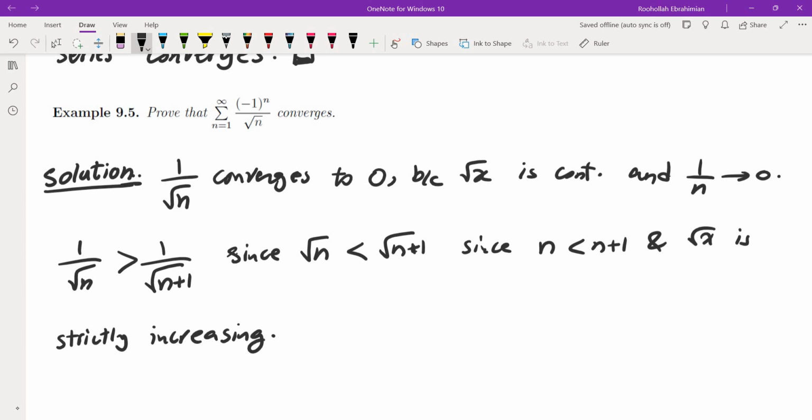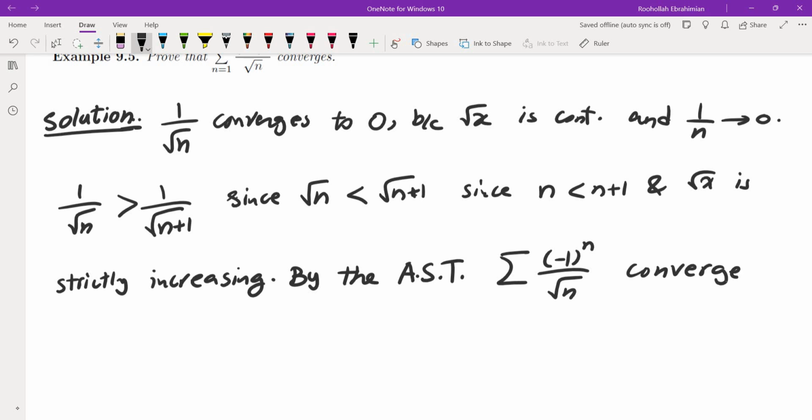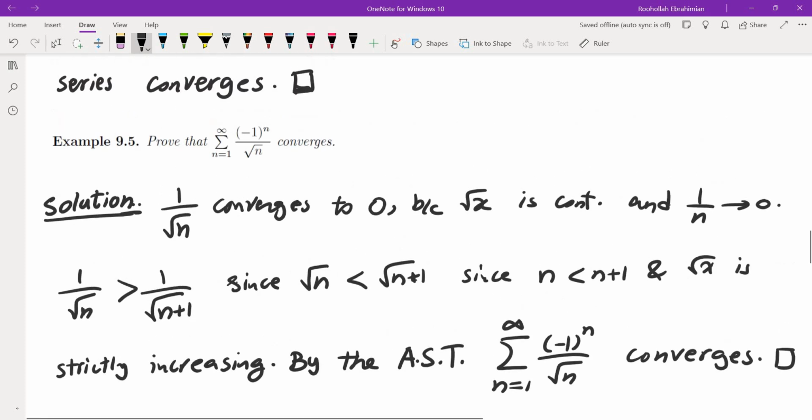The sequence approaches 0 and the sequence is decreasing. So by the alternating series test, the sum of (-1)^n over root n converges. And that's exactly what we wanted to show. We wanted to show this series converges.